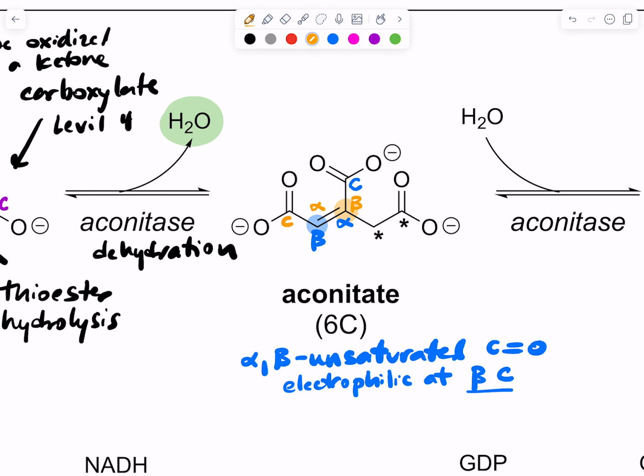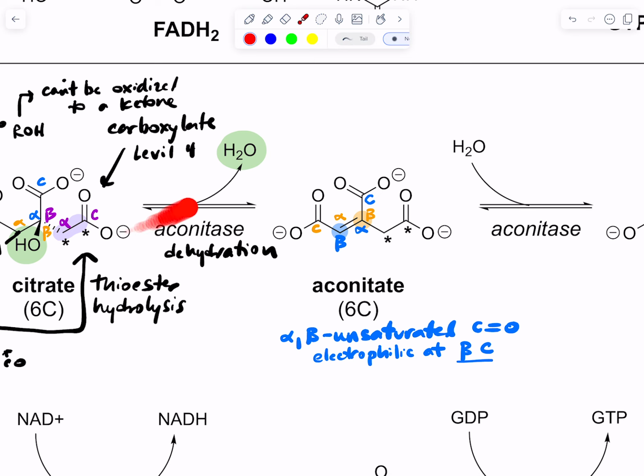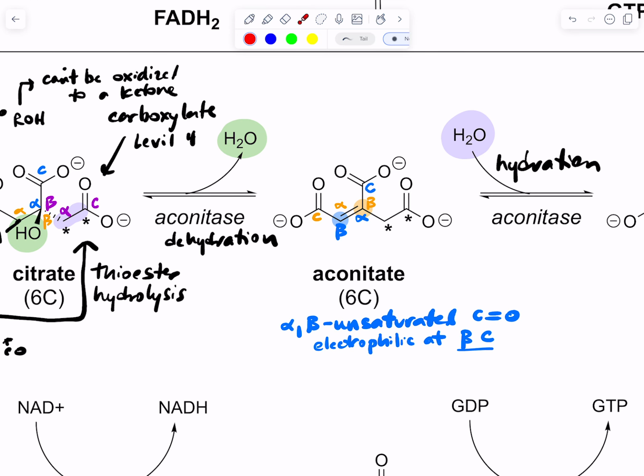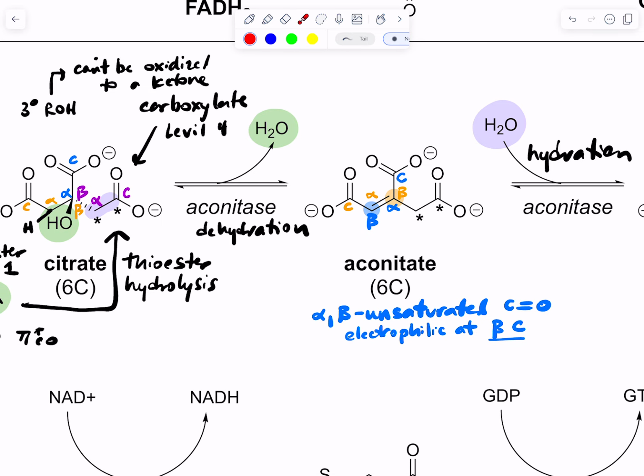Now, in this reaction, we have just barely lost water. We did a dehydration reaction. In the next step, water is going to come in as a nucleophile and, instead of a dehydration, do a hydration reaction. When water left as a leaving group, which carbon did it leave from?